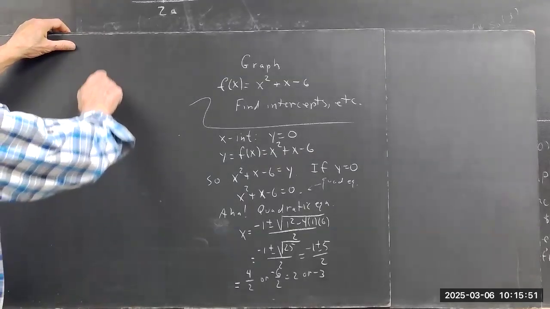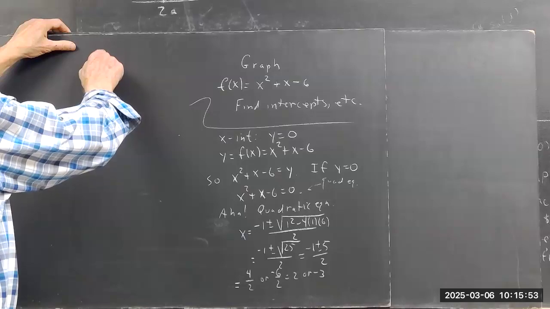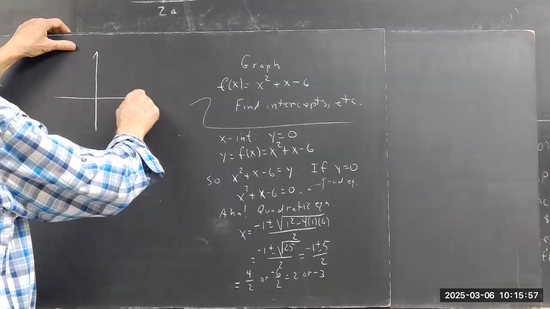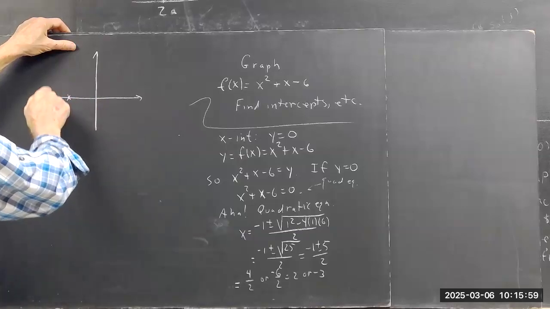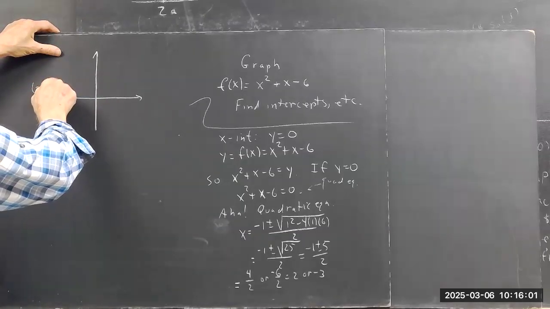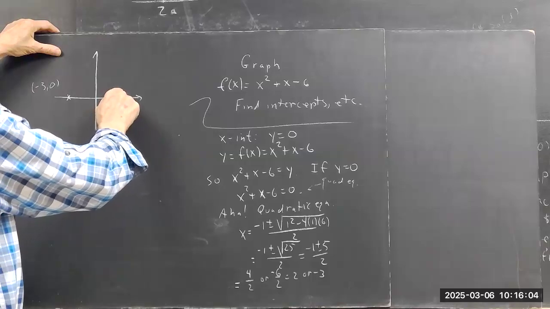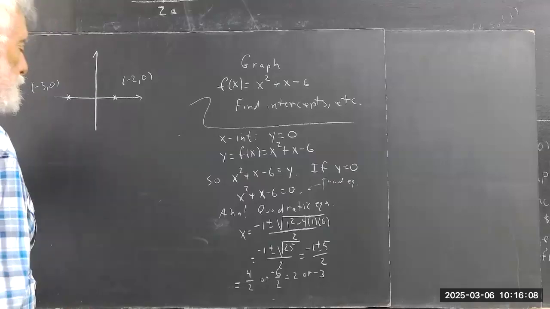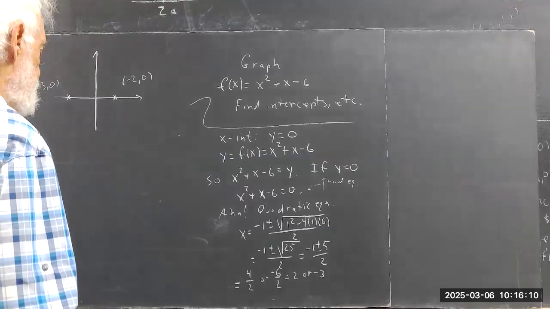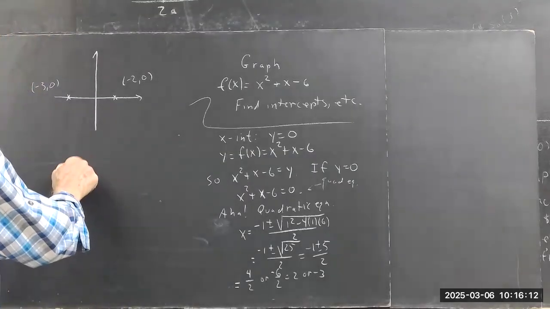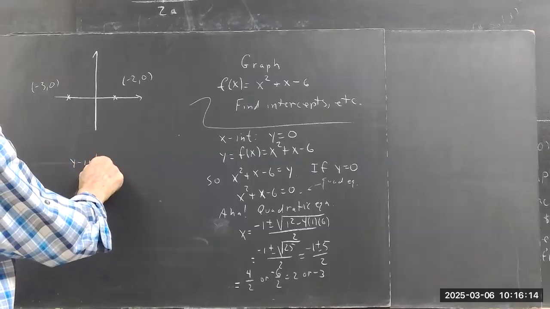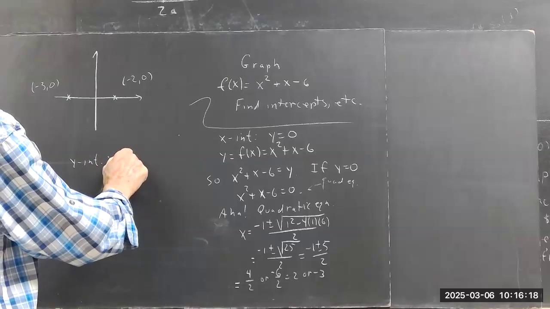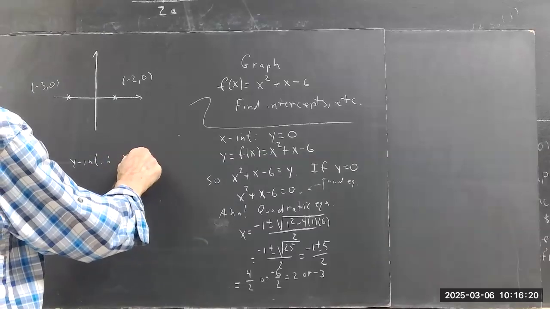At this point, that's something to put on the graph, which would be 2 intercepts, 2 x-intercepts, -3, 0, and 2, 0. Okay. Now, for the y-intercept, x equals 0.